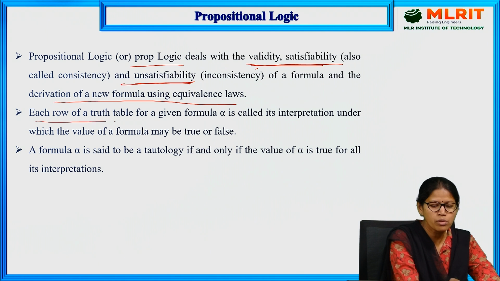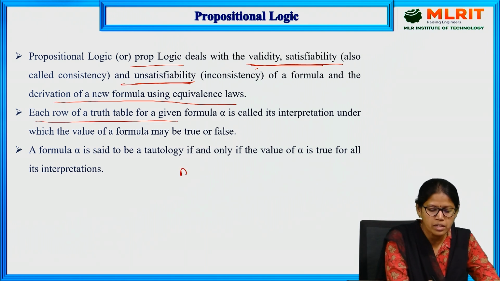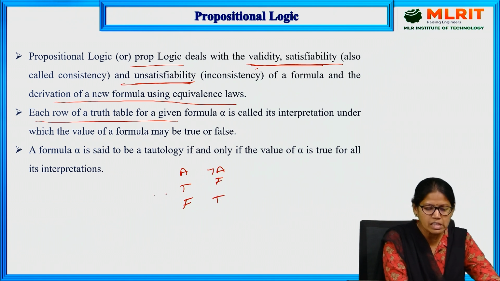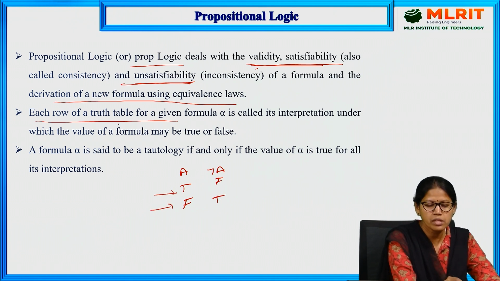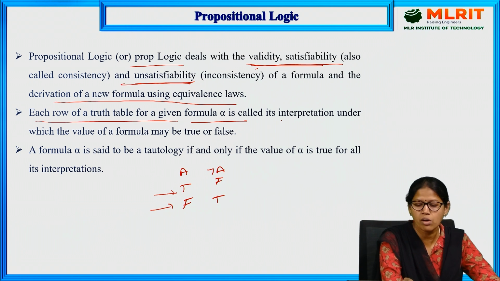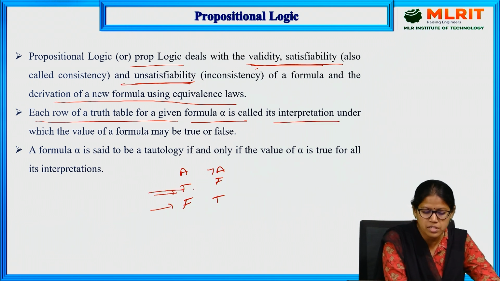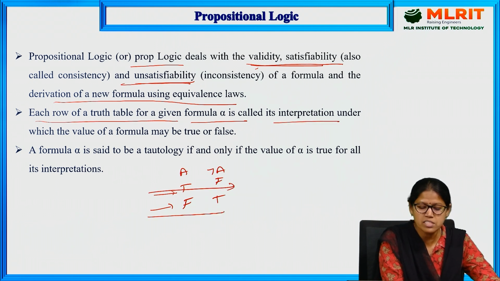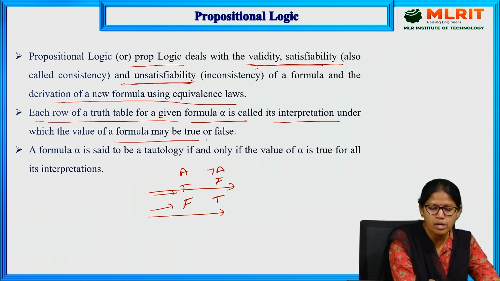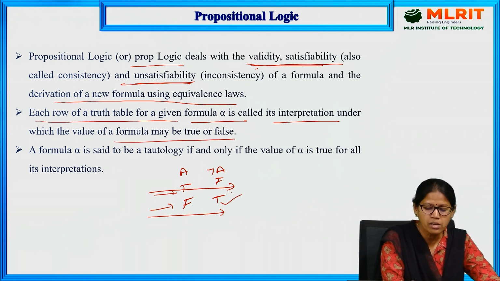So each row of the truth table, for example, A true, false, negation of A false, true. In this, each row of a given formula alpha is called an interpretation. This first row is called an interpretation. The second row is also called an interpretation, under which the value of the formula may be true or false.